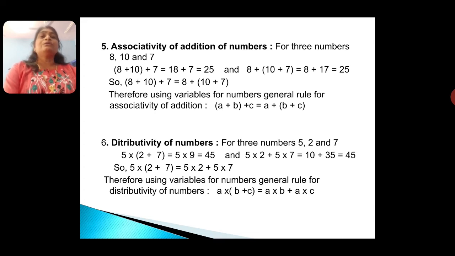So 5 into (2 plus 7) equals 5 into 2 plus 5 into 7, which is the distributivity property. Therefore, using variables for numbers, the rule for distributivity is a into (b plus c) equals a into b plus a into c.